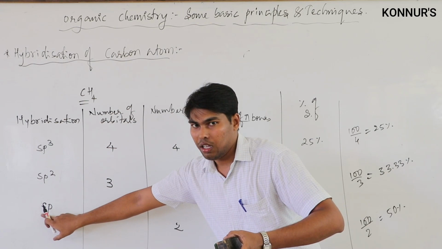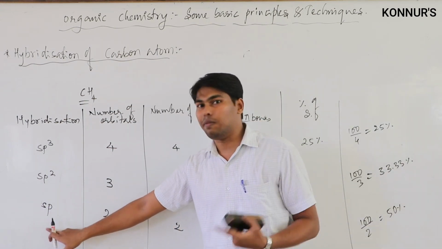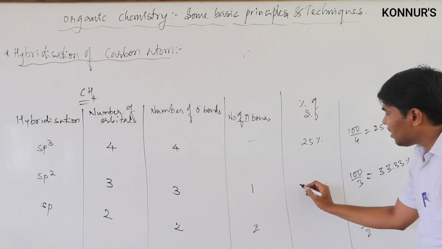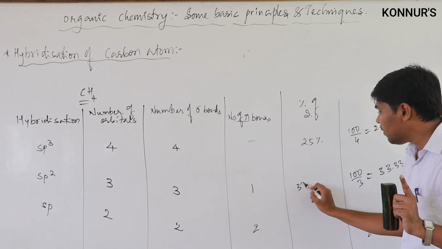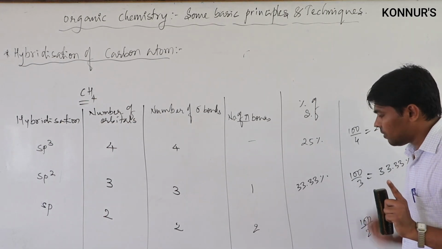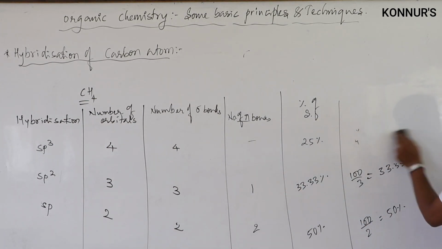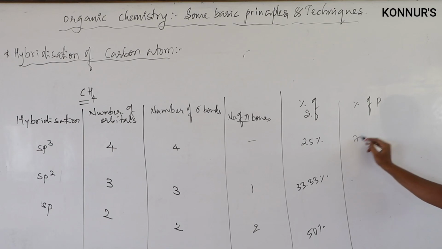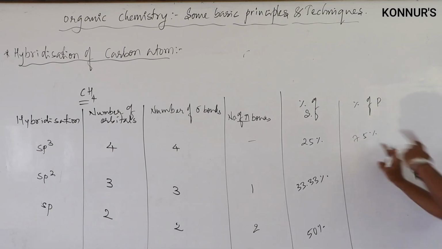In sp, only 2 orbitals are there, so out of 100, 50 is the contribution of S and 50 is the contribution of P. So I would like to write the percentage of S character only: 33.33% here, and 50% here. The remaining is P only. Percentage of P, what is that? 75%, so you write P as 75.